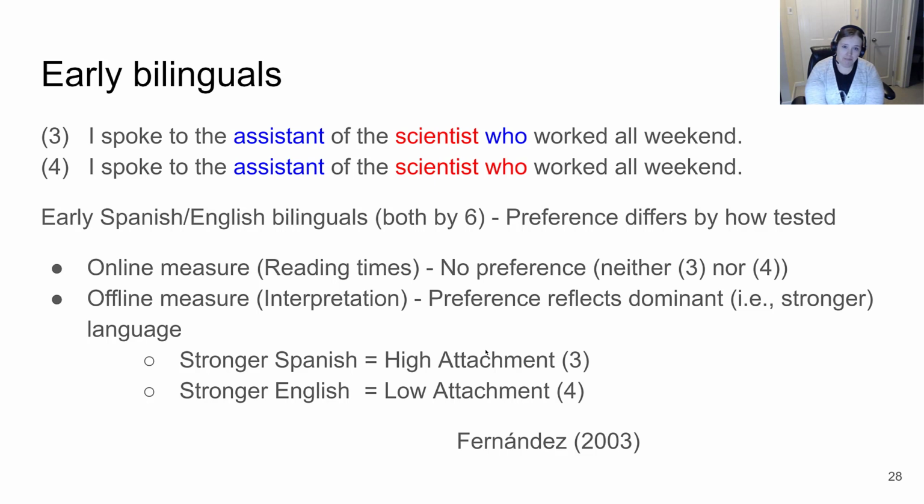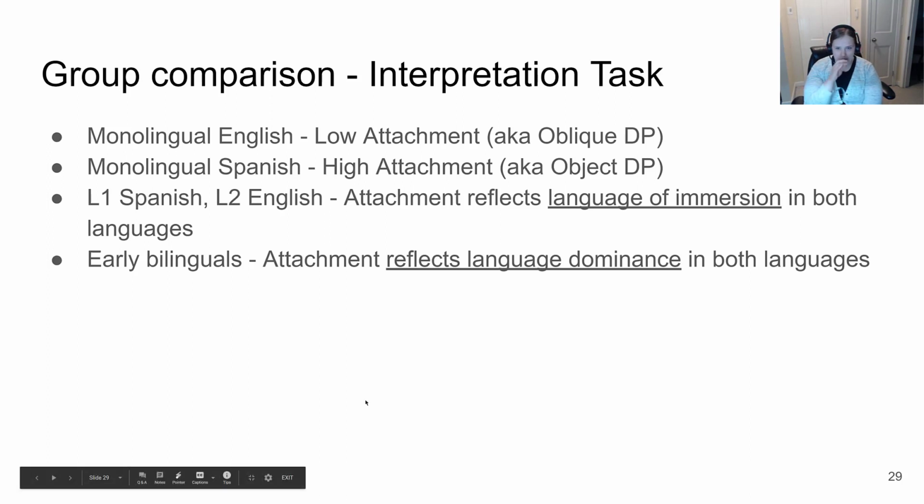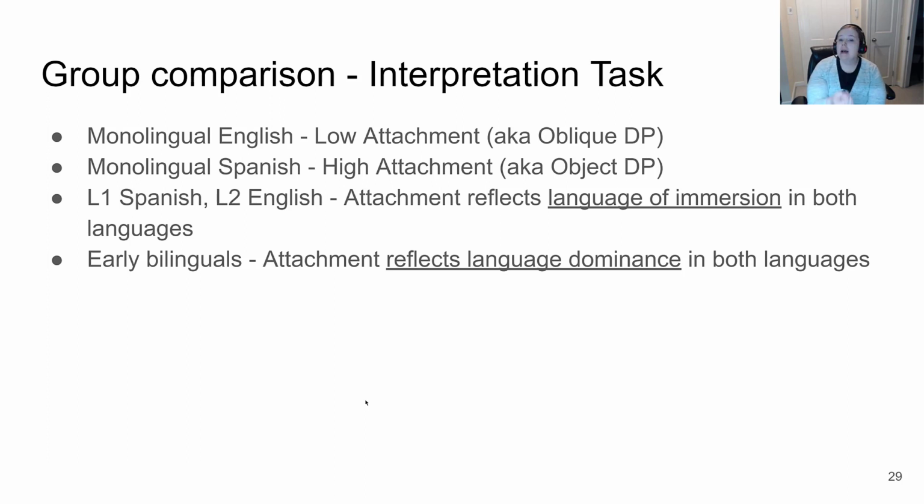So just to put these groups together at a glance, the monolingual English group prefers low attachment, the oblique, right? And the monolingual Spanish prefers high attachment, the object. As we saw, native speakers of Spanish who have learned English, their attachment reflects the language of immersion for both languages.